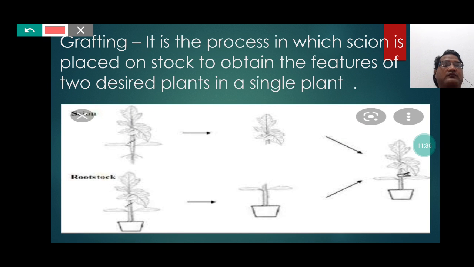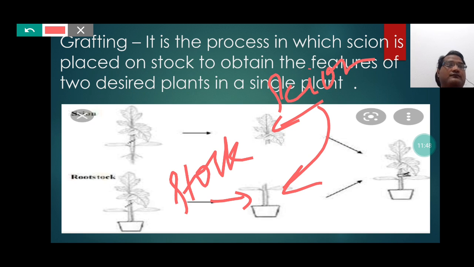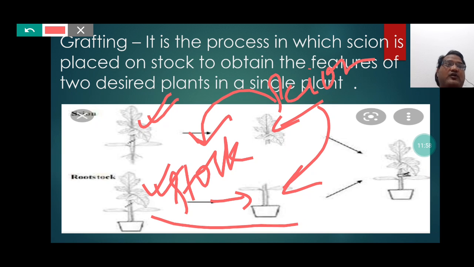This is the scion, which is further implanted on the stalk. This is the stalk. So the scion gets placed on the stalk so that the desired features which are present in the first plant and the second plant are incorporated into a completely new plant, and this process is called grafting.